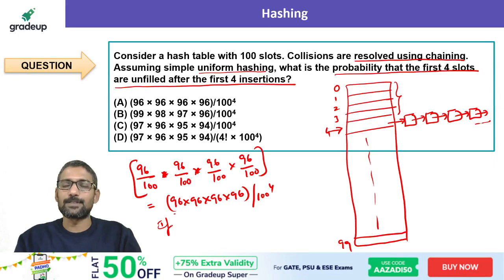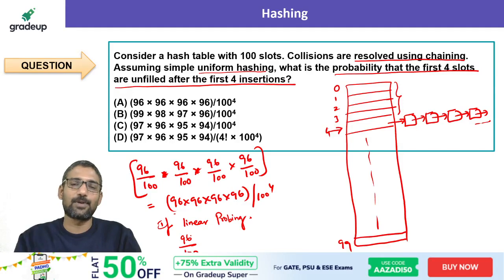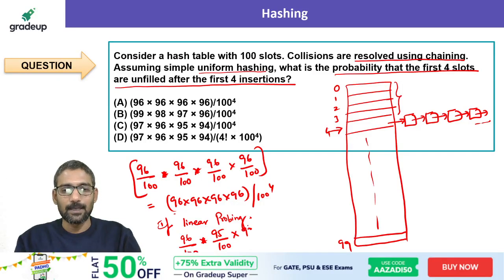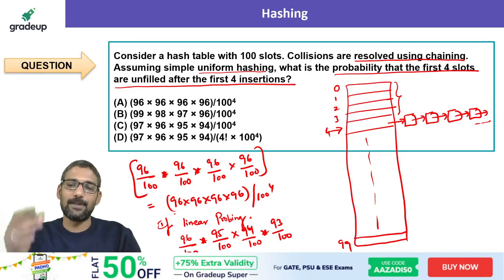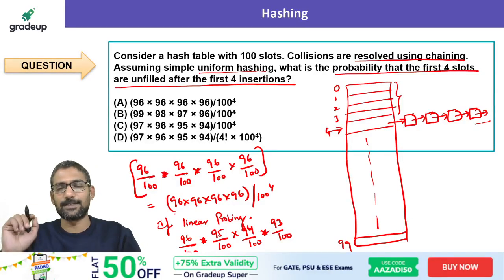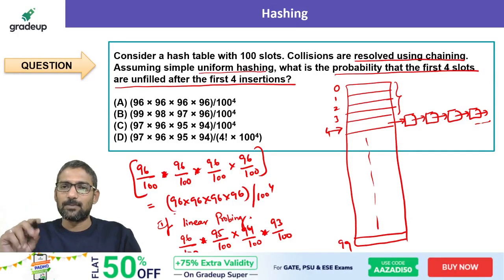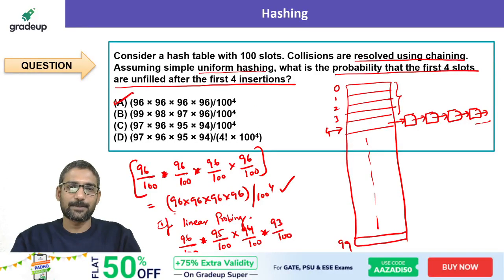If it used the linear probing technique, then for the first key you would have 96 possibilities, because the first 4 you can't use. For the second key, 95 only, because one you have already filled. For the third key, 94 only, and for the fourth key, 93 only, because it is filling one slot. It can be any slot in the 96, but it is given as the chaining method. So what is the answer? Option A is the answer.